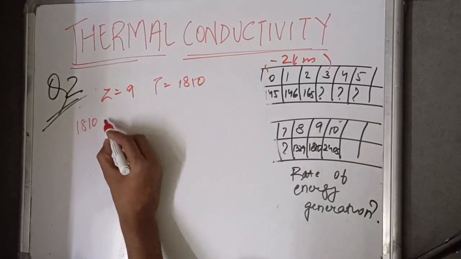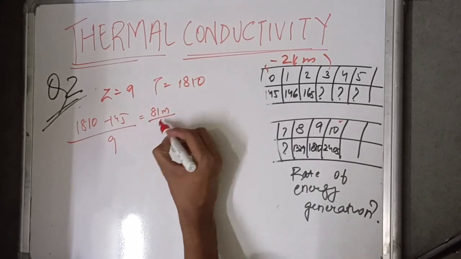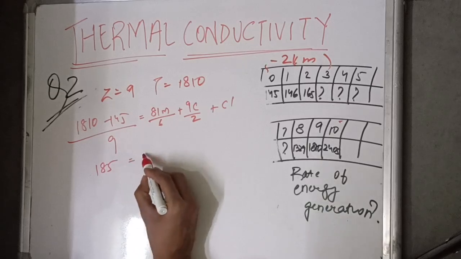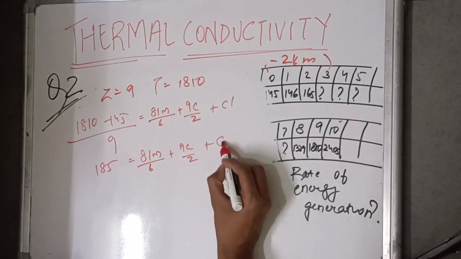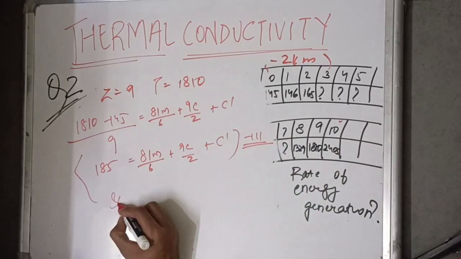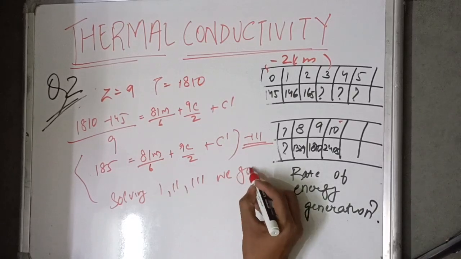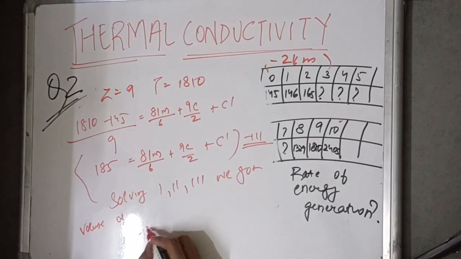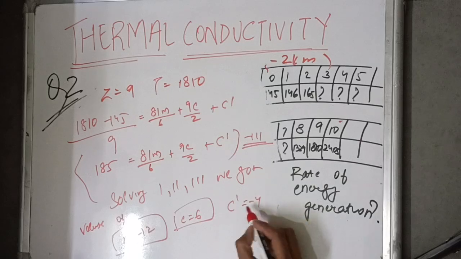Putting this in the general basic equation, after some multiplication and division, we got the third equation. Solving 1, 2, 3, we got the values of m equals 12, c equals 6, c dash equals -4.